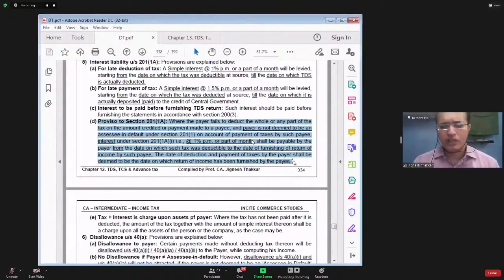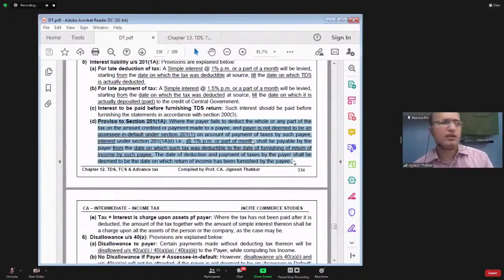Whether they will be required to pay the interest to the government or not. So I have explained one point in section 40A sub clause 1, 40A sub clause 1A. That point is called relief. Just a few minutes back, we went to the chapter of PGP and we saw that relief. Now I am explaining the same thing once again in context of interest.